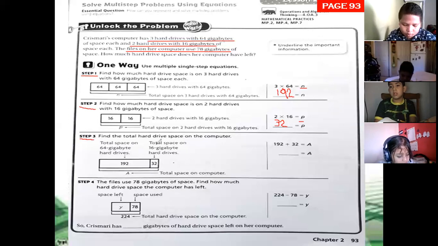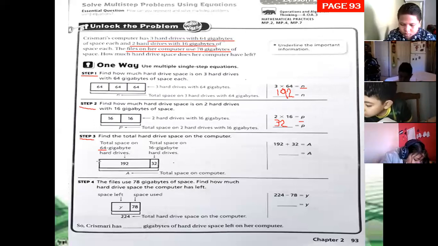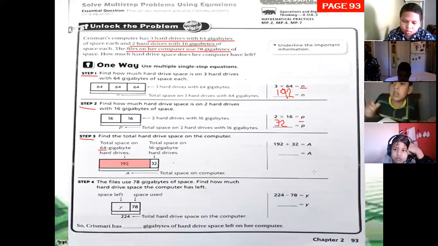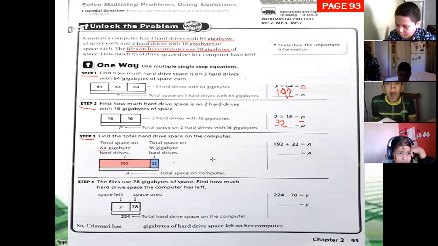Step 3. So we have the total space on the 64 gigabyte hard drives is 192. That's the variable N. And also we know that 2 hard drives of 16 is 32. So we have to put this together.